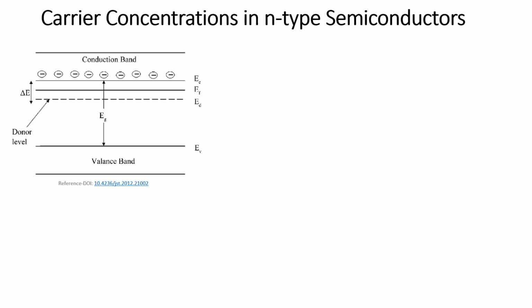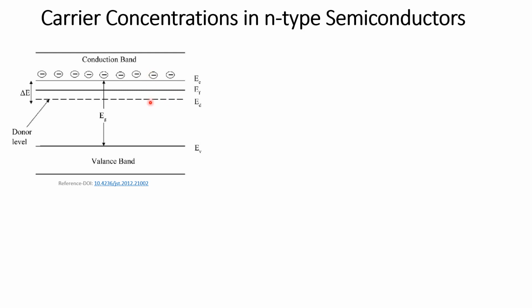So let us start the derivation. Carrier concentration in N-type semiconductors. So we know N-type semiconductors are formed because of the pentavalent impurity, and because of the pentavalent impurity you are able to get one donor level, and this donor level will lie close to the conduction band.